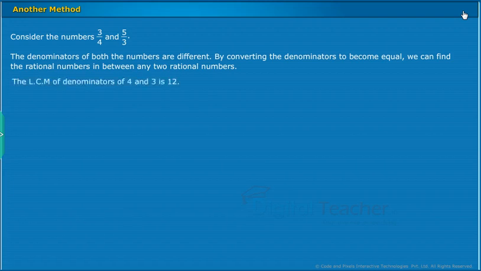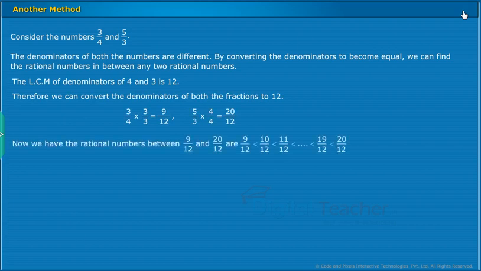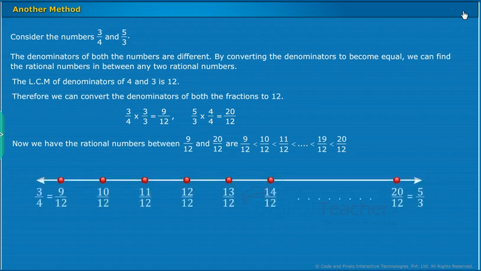The LCM of denominators 4 and 3 is 12. Therefore, we can convert the denominators of both the fractions to 12. Now, we have the rational numbers between 9 by 12 and 20 by 12 as shown. Its number line is as shown on screen.